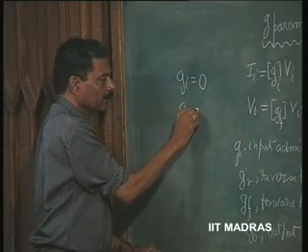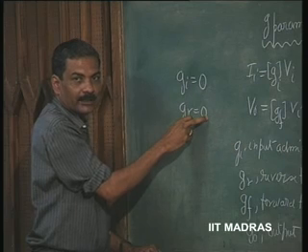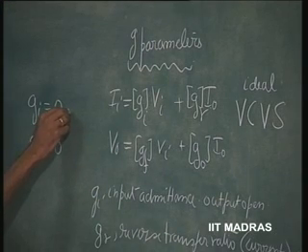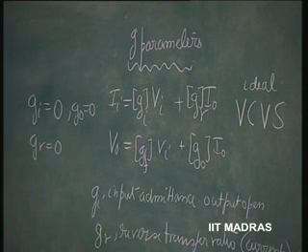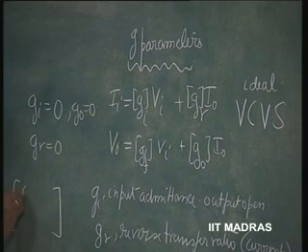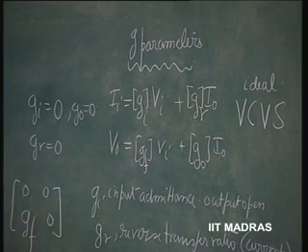It is unilateral, so Gr is 0, Gi is 0 and G naught is 0, indicating ideal voltage control voltage source block, and it is basically defined by 0 0 0 G. This is a voltage ratio.